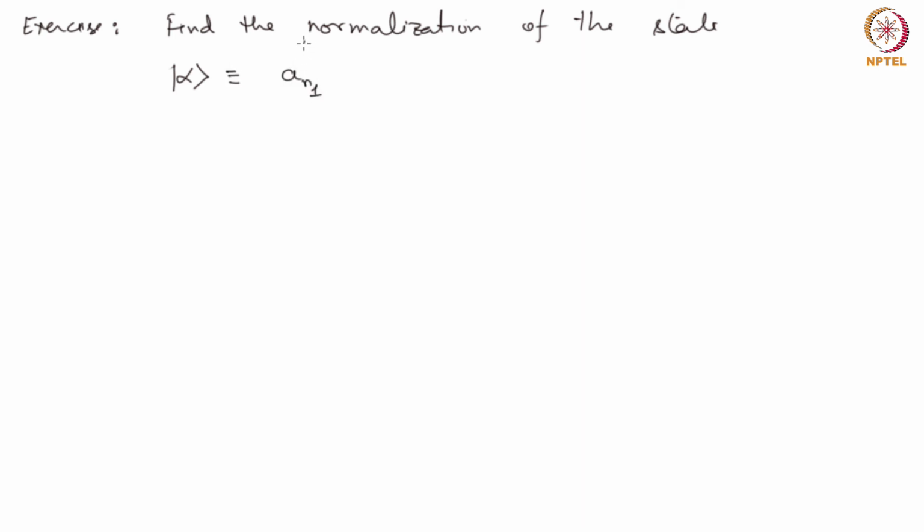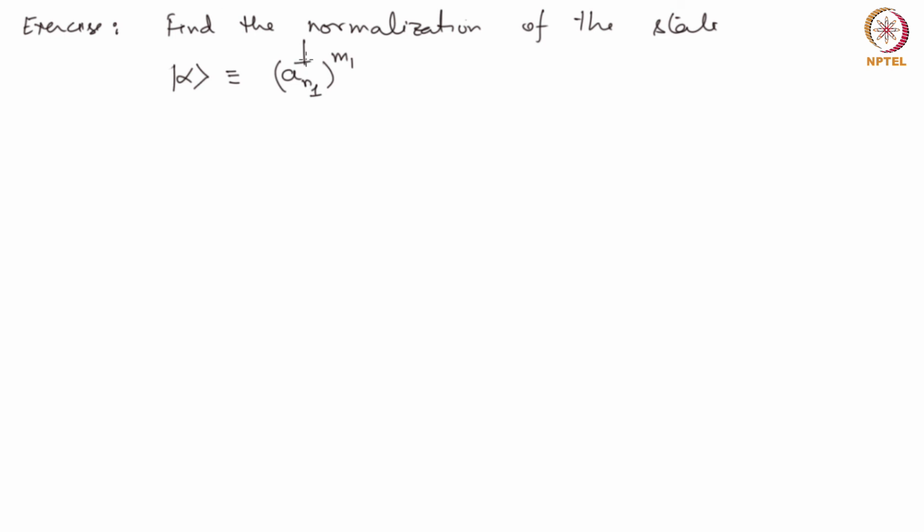So exercise is find the normalization of the state. Let me denote the state by alpha. Okay, it's not a good notation, but I don't want to spend time writing all the indices, so I will use alpha.